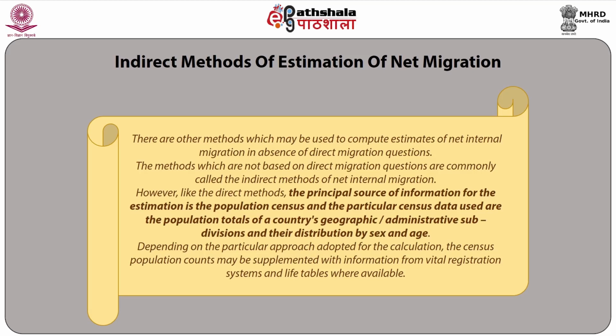However, like the direct methods, the principal source of information for the estimation is the population census, and the particular census data used are the population totals of a country's geographic or administrative subdivisions and their distribution by sex and age. Depending on the particular approach adopted for the calculation, the census population counts may be supplemented with information from vital registration systems and life tables where available.